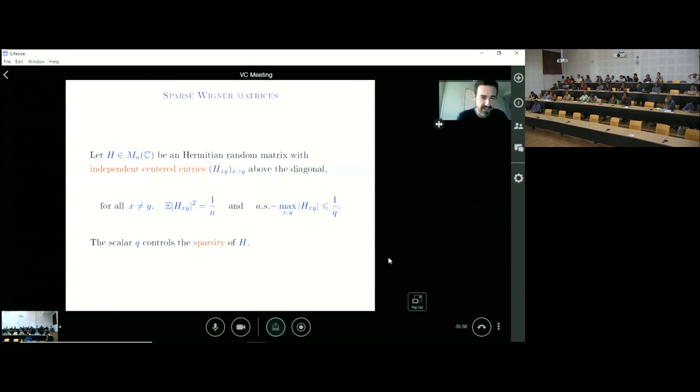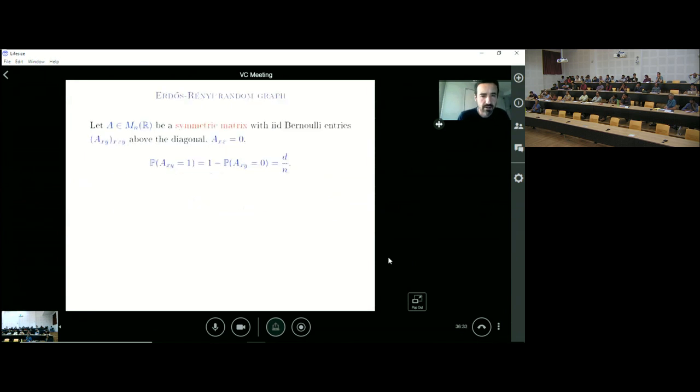This scalar q, as I will tell you in the next line, we will think of as something which controls the sparsity of the matrix H. And I will also assume that the variance of all entries is 1 over n, and also the entries are centered. We call this ensemble of matrices the sparse Wigner matrices.